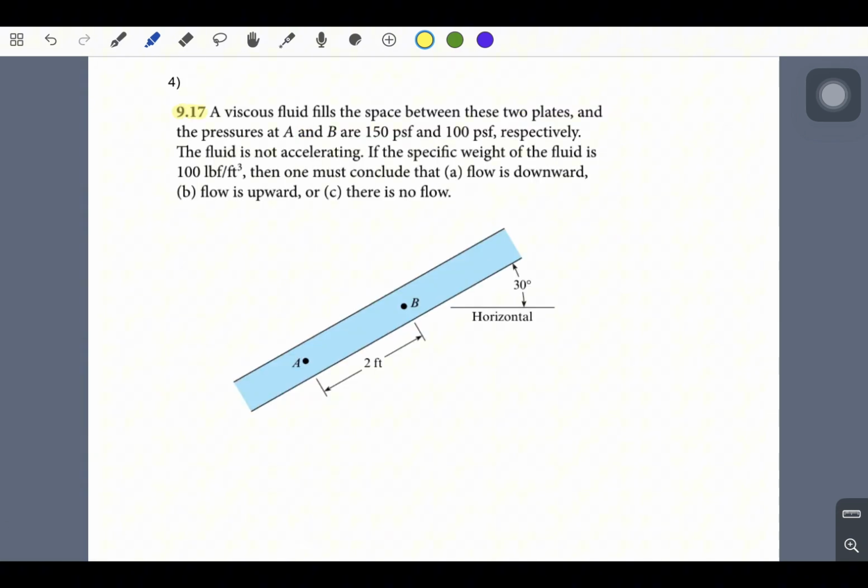In our final question, which is 9.17, we have these plates, and we have viscous fluid that fills the space between these two plates. The pressures at A and B are 150 psf and 100 psf. So we have A and B. This is 150 psf and this is 100 psf.